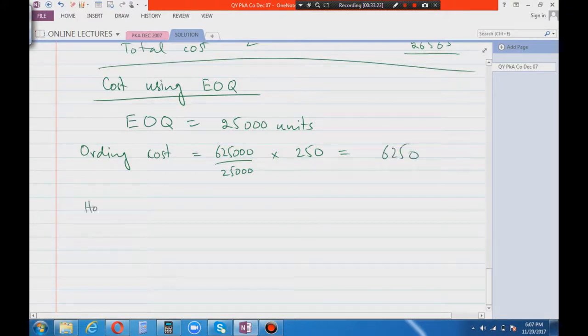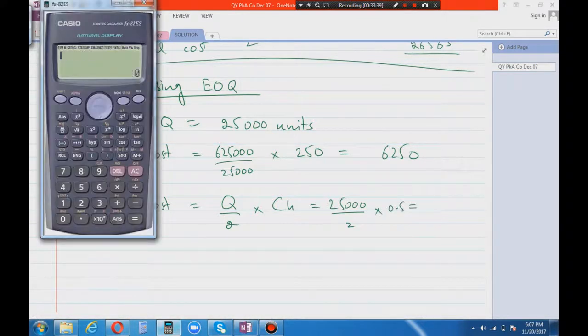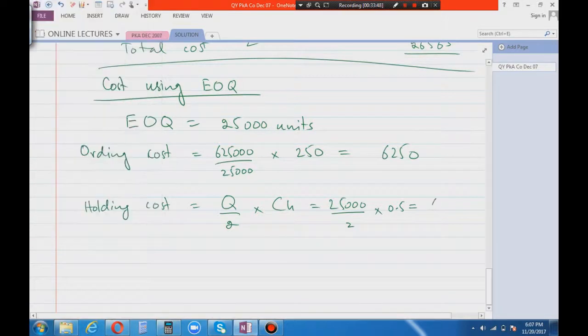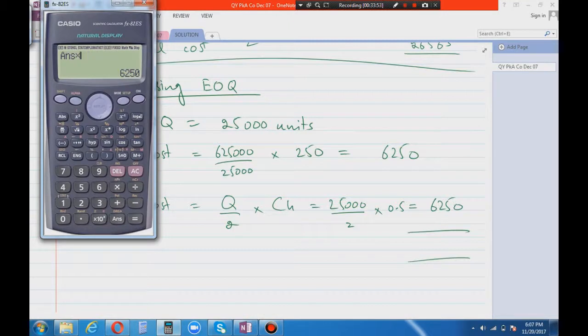And our holding cost, and we'll ignore minimum inventory over here also, is quantity divided by 2 multiplied by CH, so 25,000 divided by 2 multiplied by 0.5 is 6,250, and the total would be 12,500.